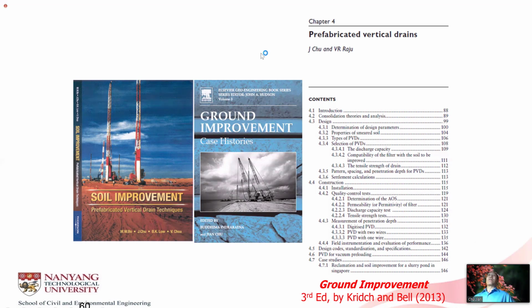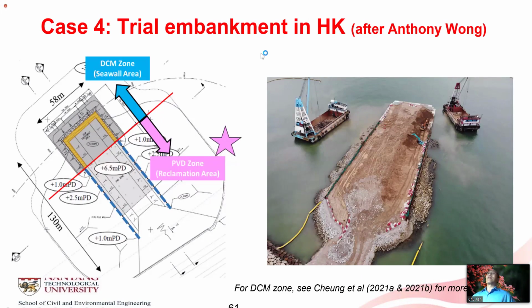The last case was actually from engineer Anthony Wong, and he's doing a master's currently at NTU, and he is an engineer in Hong Kong with the Hong Kong Civil Engineering Development Office. So this case history is for a trial embankment in Hong Kong.